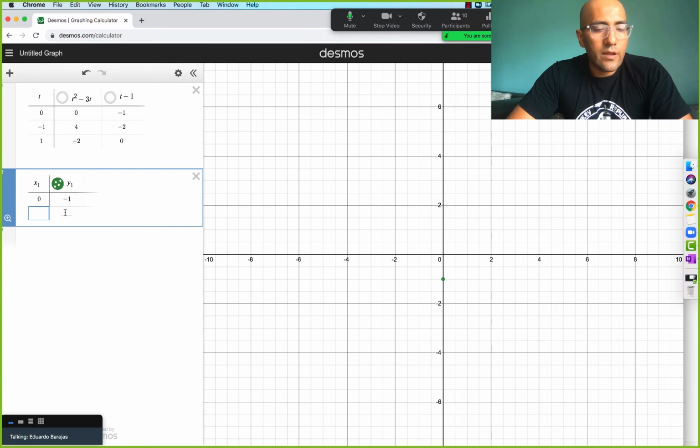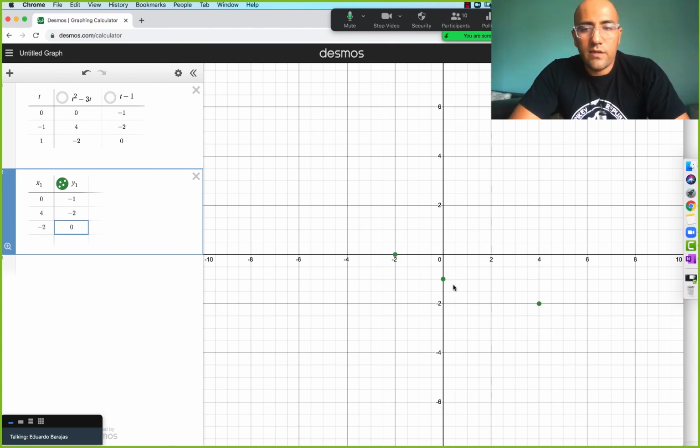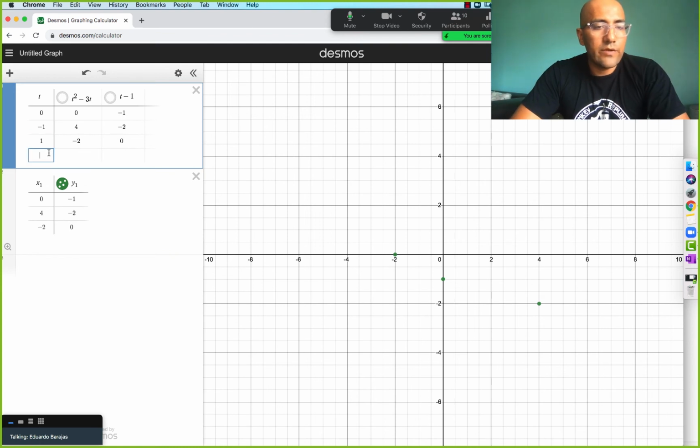Okay, another point on my grid would be 4, and then a negative 2 here. Good. Okay, now I have 2 points on my grid. What about negative 2, and a 0? Okay, so now I have 3 points on my grid. Got to keep going. Okay, so let's keep going over here.